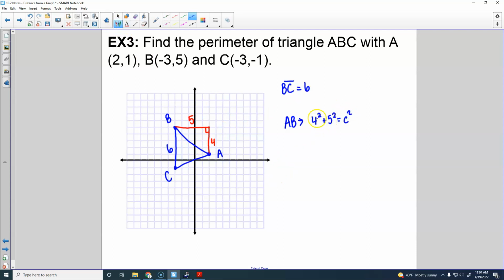All right, so I've got 16 plus 25 is going to give me 41. And then I must square root both sides. So when I do that, what do I get for the square root of 41? 6.403. So the length of this side right here is 6.403.